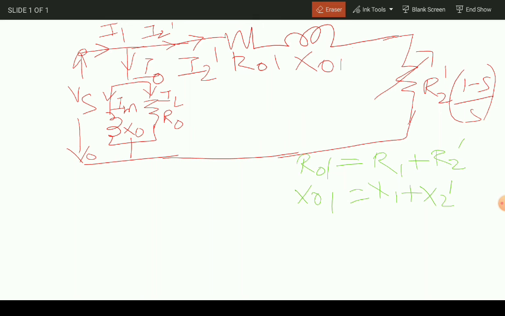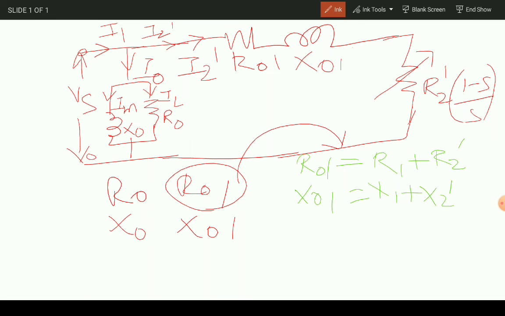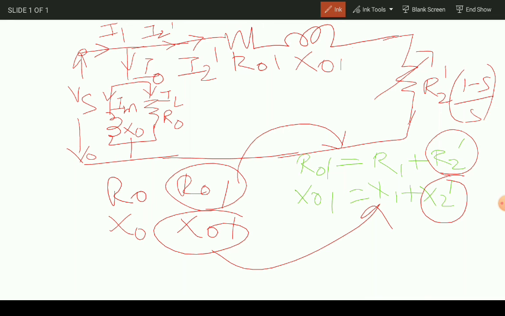So this will be the final equivalent circuit of a three-phase induction motor. It has different parameters: R0, X0, and R01, X01, where R01 is this value and X01 is this value, and we already know the formulas for R2 dash and X2 dash also. So everything is known, and you can easily find whatever data is missing if a numerical is given.